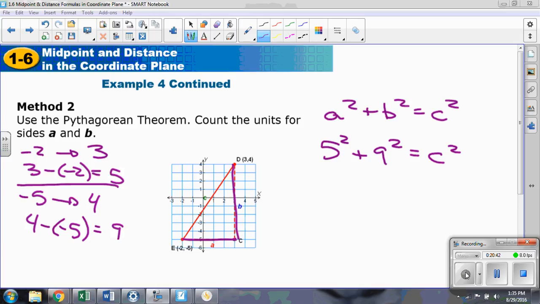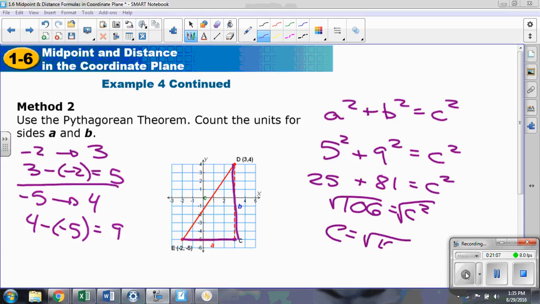And so when we start crunching these numbers, 5 squared is 25, 9 squared is 81, and I'm hoping that those numbers are looking familiar to you. We just encountered them. 25 plus 81 equals 106. When we take the square root, we're done. We get the exact same answer with a lot less writing.